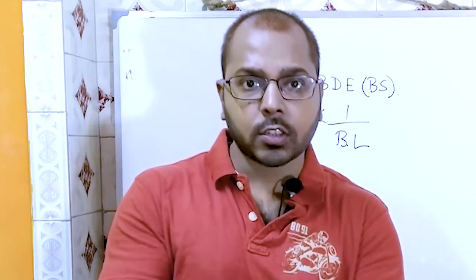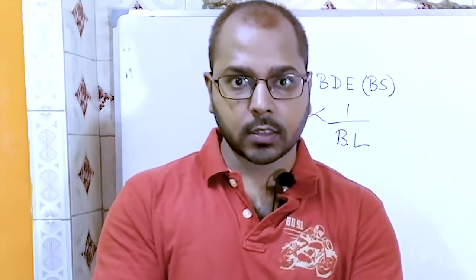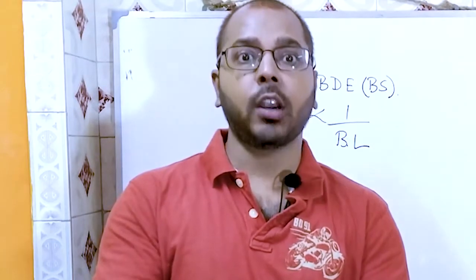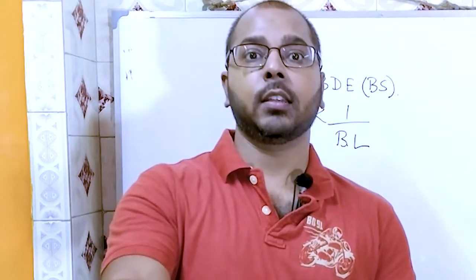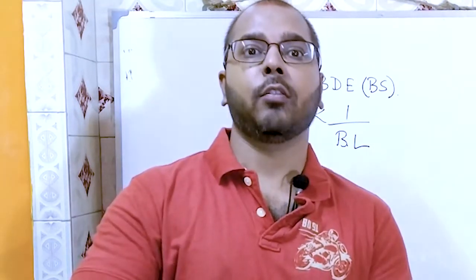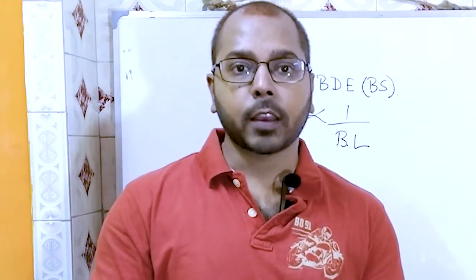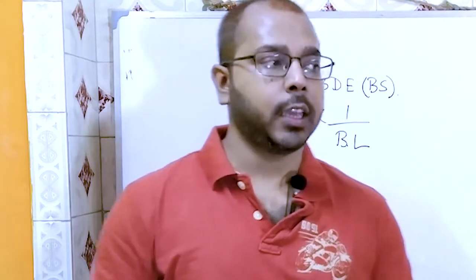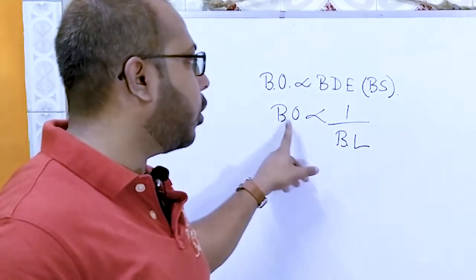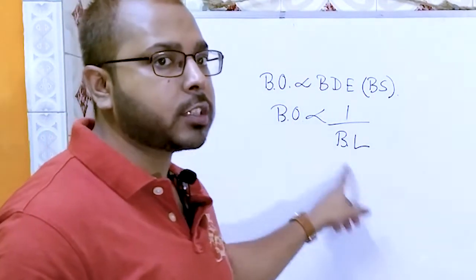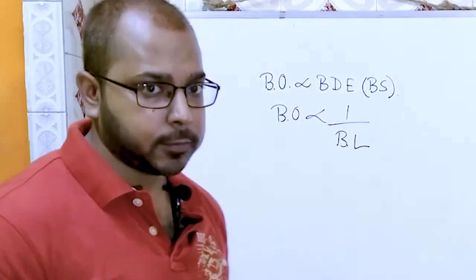More attractive force means shorter distance. But if bond length is higher, then the attractive force becomes weak, it decreases. Therefore bond length and bond order are inversely proportional to each other.